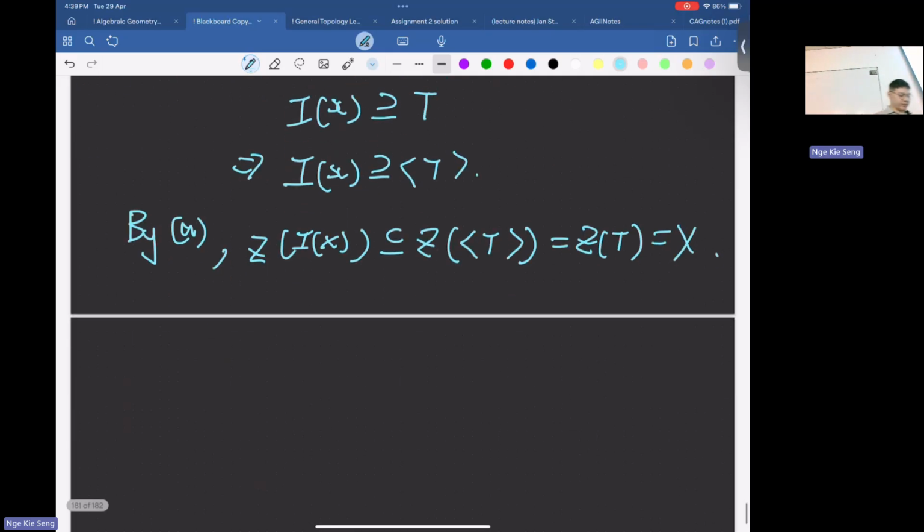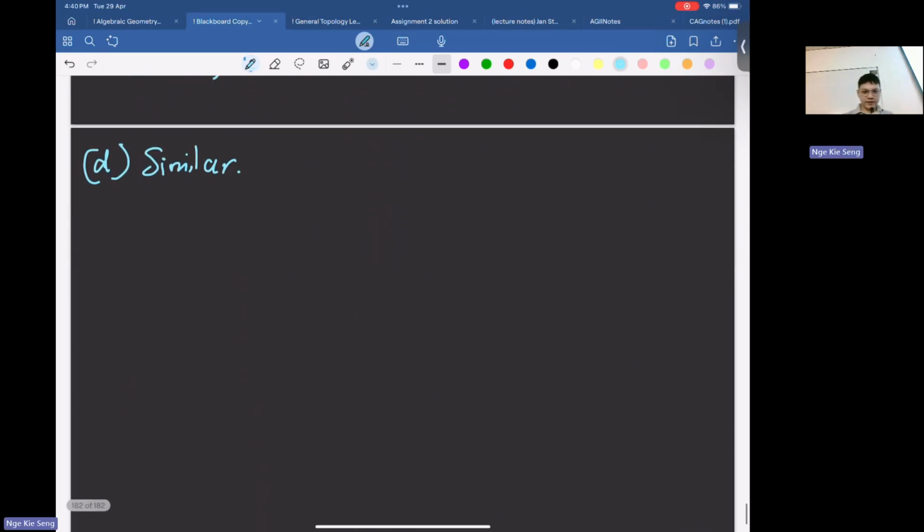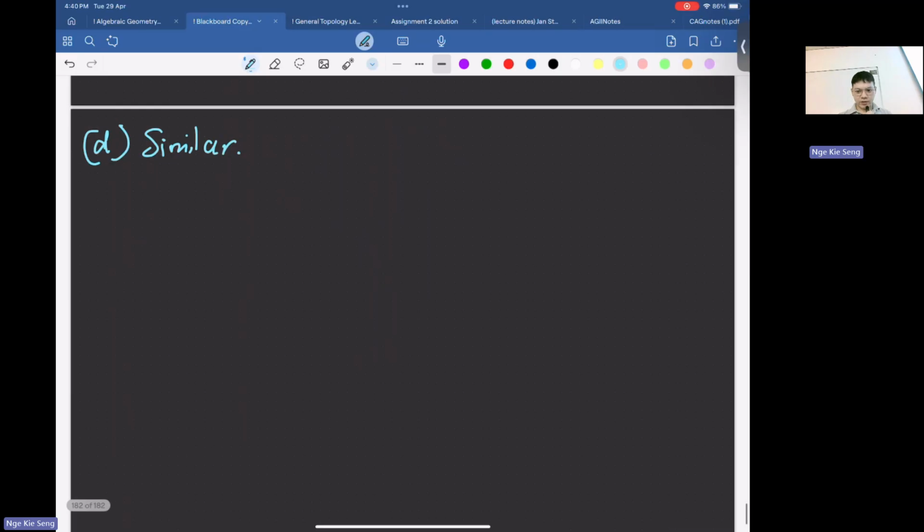D is a similar thing to do. Very similar idea. So let's give some examples such that the inclusion could be strict. Let's look at this one. For example, in D, can you look at D here?